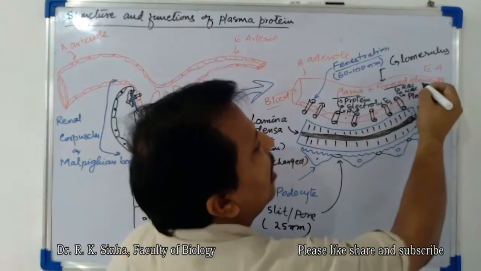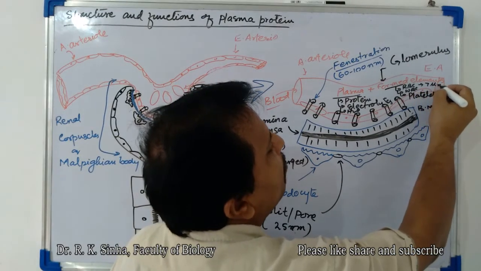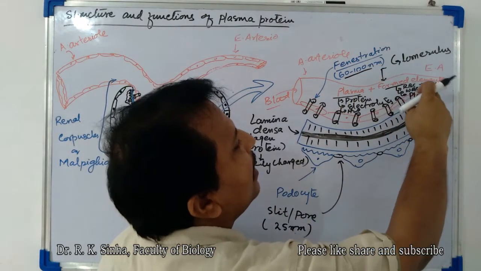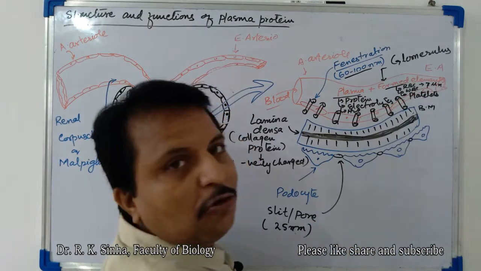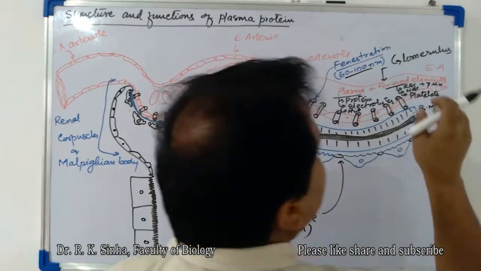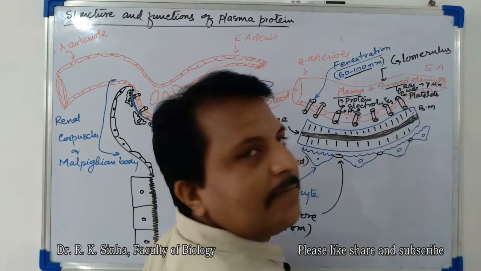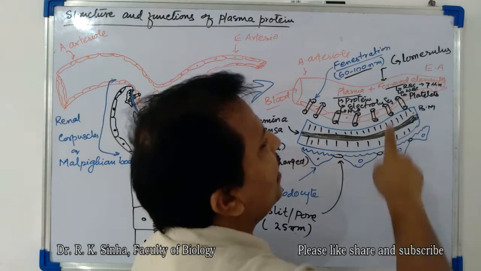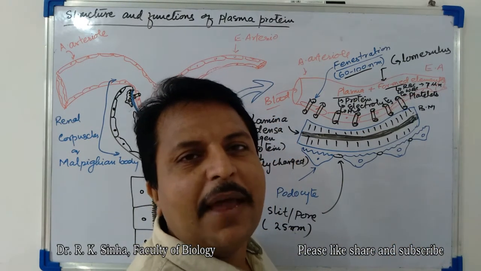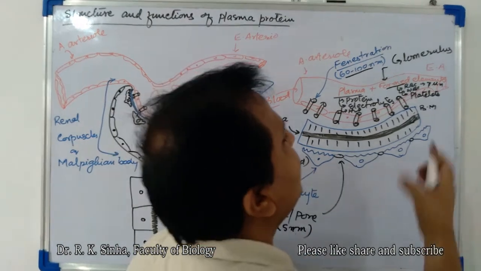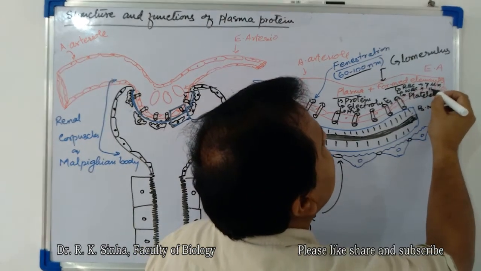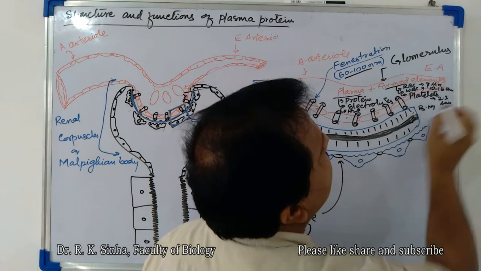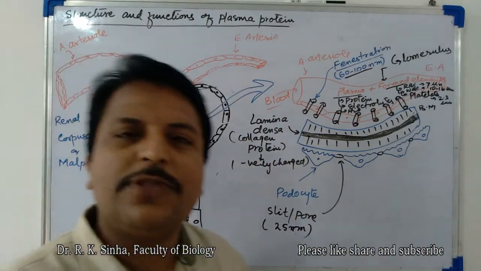As we know, the size of an RBC is 7 micrometers, and this is larger than the fenestration, since the fenestration is in nanometers and the RBC is in micrometers. The size of WBC varies from 10 to 16 micrometers, and platelet size is 2 to 3 micrometers.